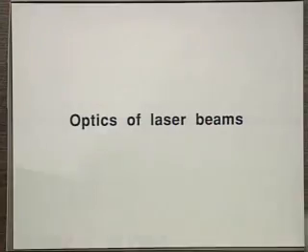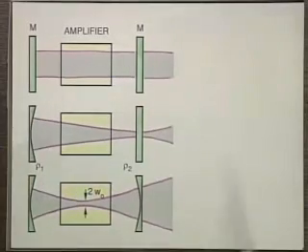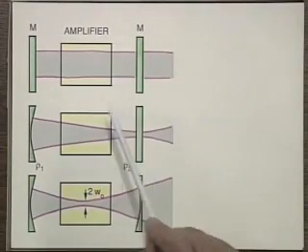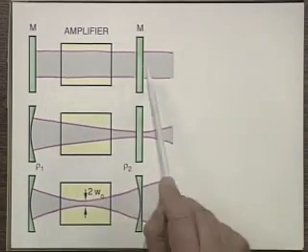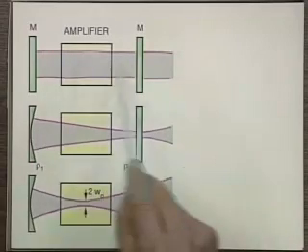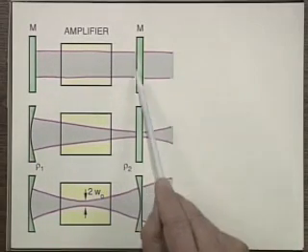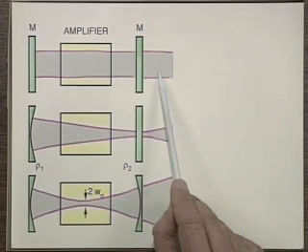So now let's turn to the optics of laser beams, and as I mentioned before, the shape of the laser beam is determined by the mirrors. If you have two plane mirrors, then the beam bouncing backwards and forwards here will be collimated, and if you leak it out here, it'll be collimated.